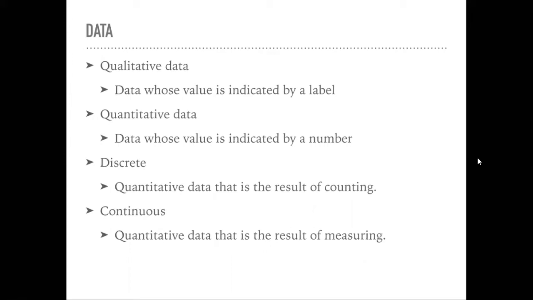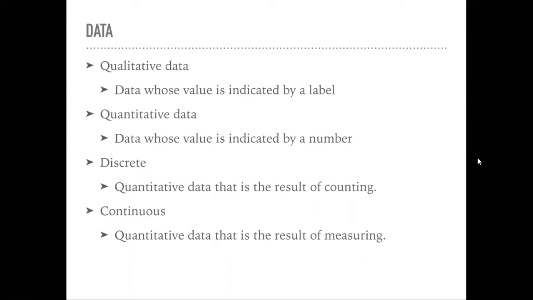Versus continuous could be the amount of time that you've spent talking on the phone. That's not going to be a whole number of minutes. We can have a phone call that lasts a minute and 34 seconds. So continuous, there's going to be a chance of having a fraction or a decimal, whereas discrete is going to be the result of counting.